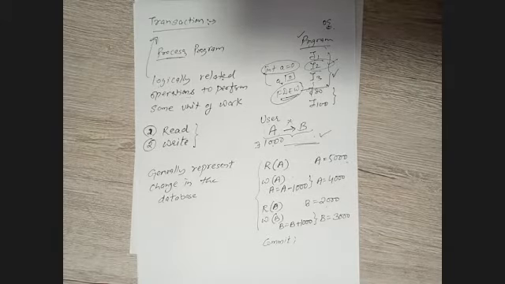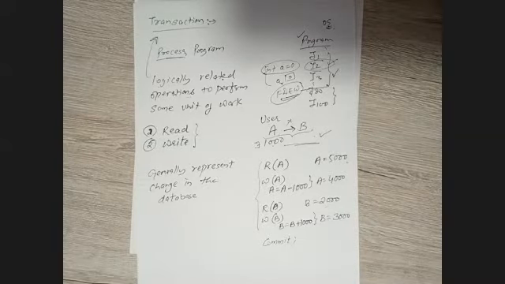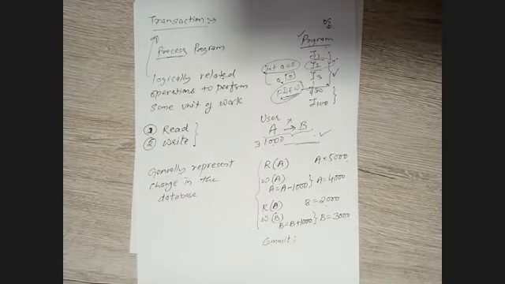A transaction is either completed or not done at all. I hope you have understood what a transaction is. These are the two basic operations that we perform. If you have understood so far, we can move ahead.